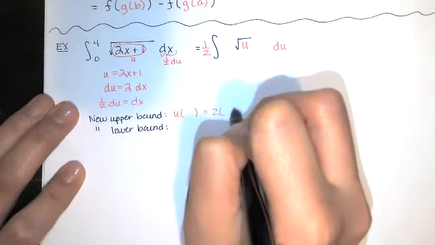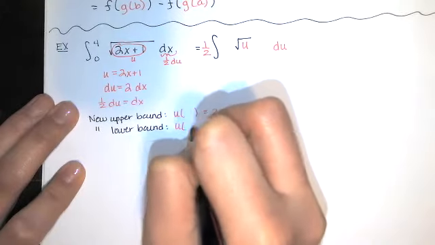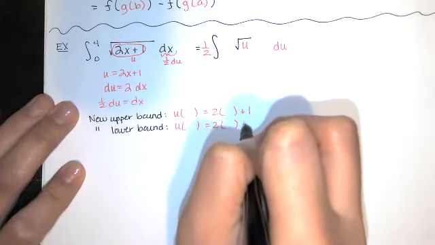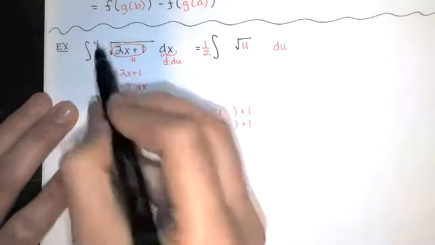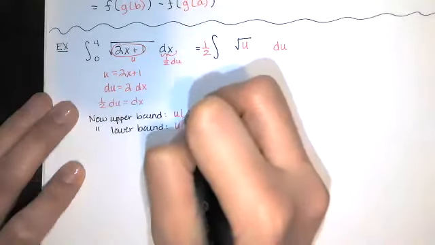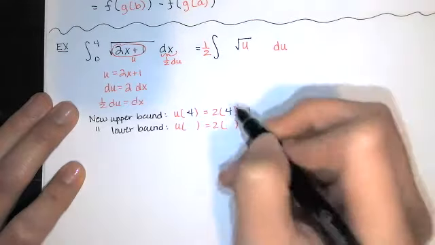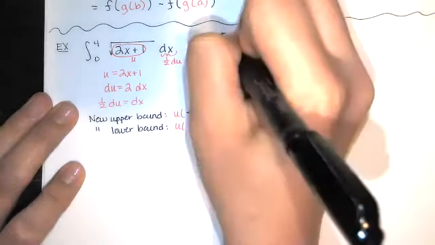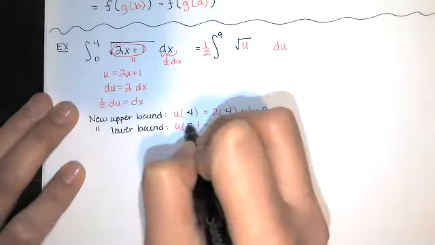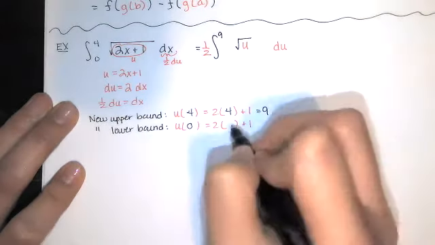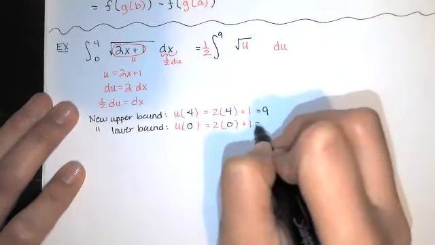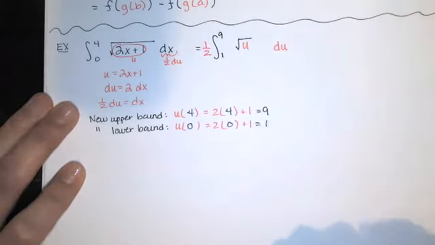U was 2 times x plus 1. So I replace x with 4 to get my upper bound. 2 times 4 is 8, plus 1 is 9. Then I substitute in x equals 0 for my lower bound. 2 times 0 plus 1 is 1. So we're integrating from 1 to 9.